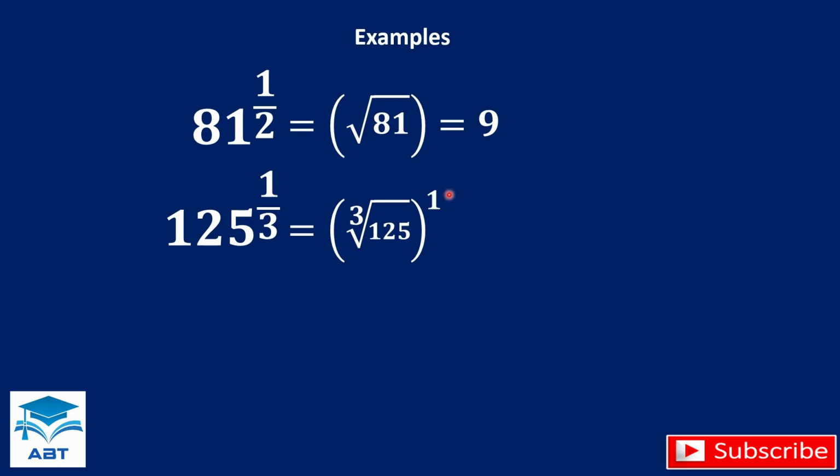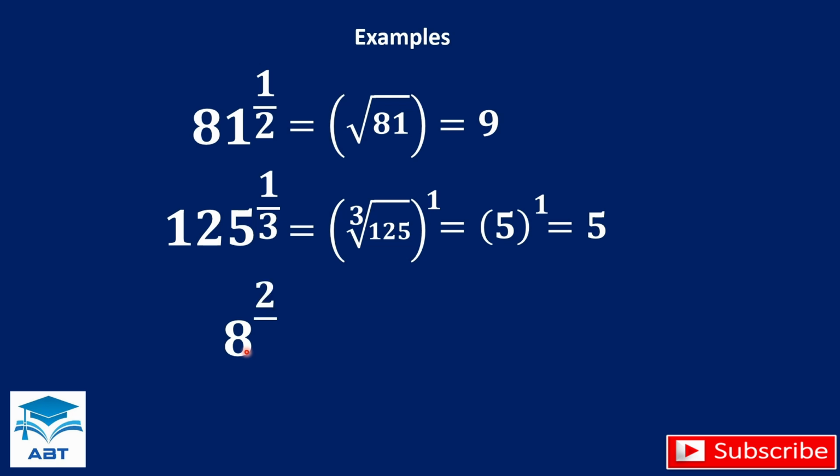But as for 1, we can choose not to write it, and the answer will still be the same. The cube root of 125 means what number will multiply itself 3 times to give us 125? And it's 5. We have an exponent here, 1. 5 exponent 1 is still 5. So any number exponent 1 over 3 can be written as the cube root of that number.